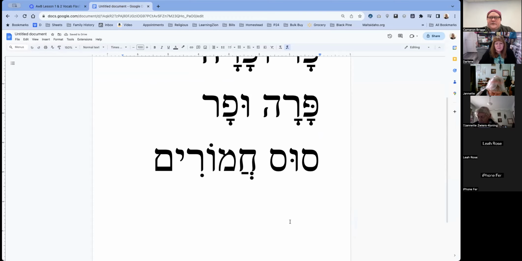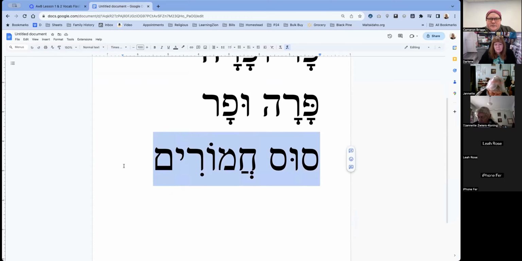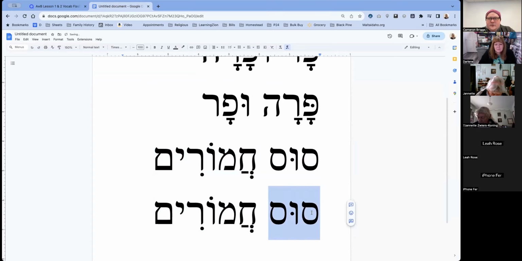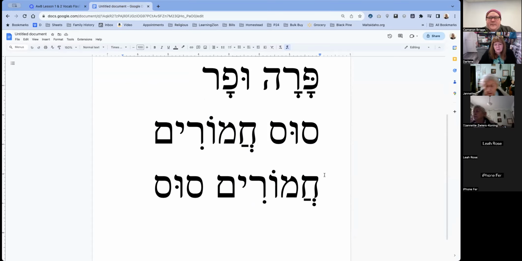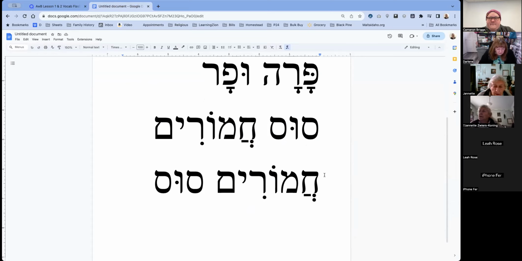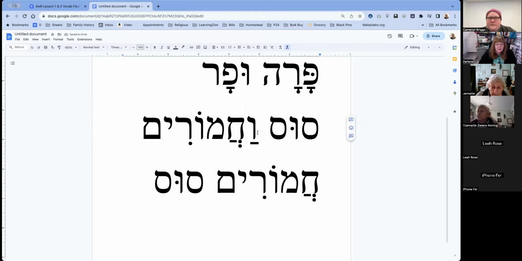Okay, so in this case, I'm going to copy this a couple times so that we can put them reversed. So if we're doing Seuss and Hamorim, is it going to be a regular Vav or an exception? Well, we've got the strong ah sound on that, so it'd be Sus Va Hamorim. Vahamorim.